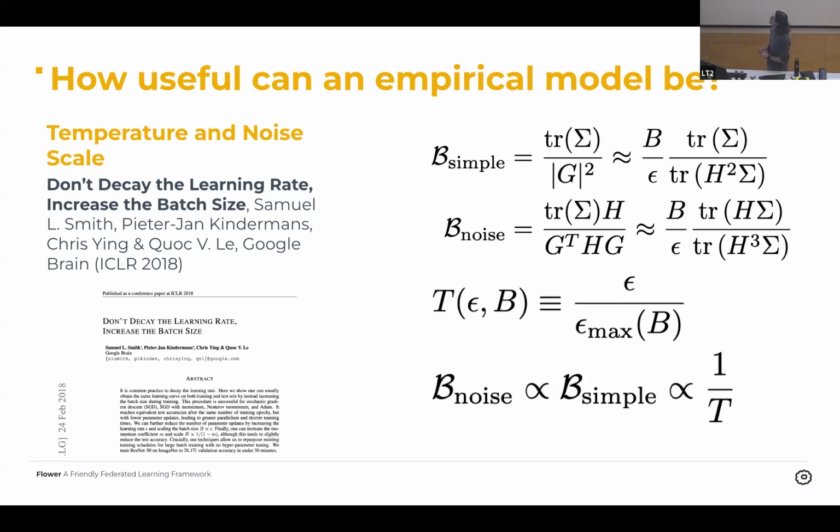This gave some other discussions, and I'm posting here a very relevant paper published at ICLR 2018, which analyzed not decaying the learning rate, but increasing the batch size. That is exactly what the plot before was showing.